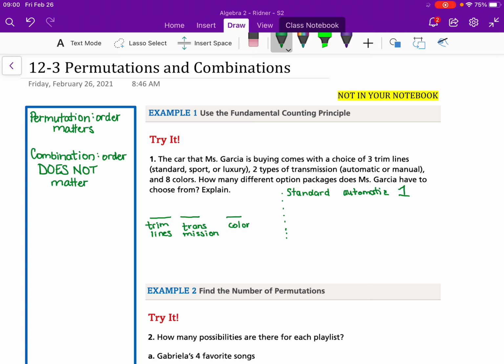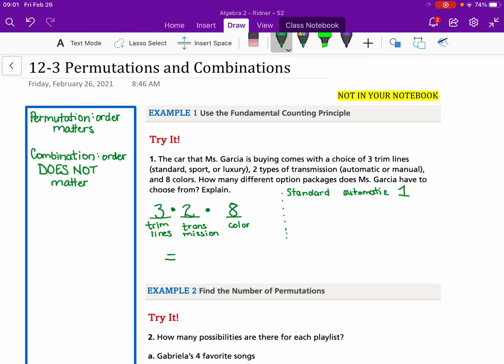The fundamental counting principle says that I can take the number of choices. So there's 3, 2, and 8. And if I multiply them together, that gives me the total number of ways it could be.